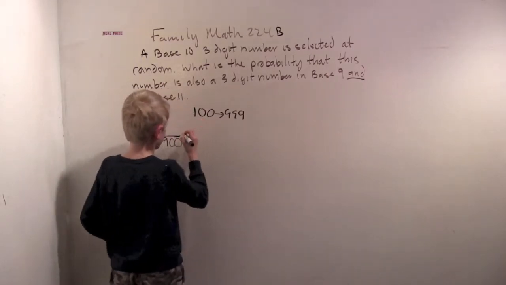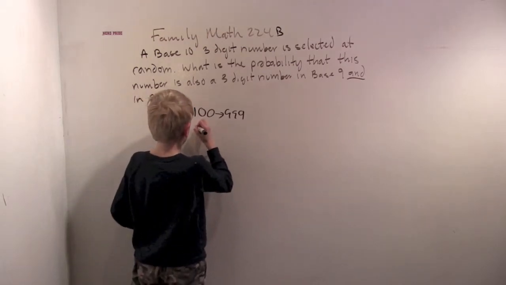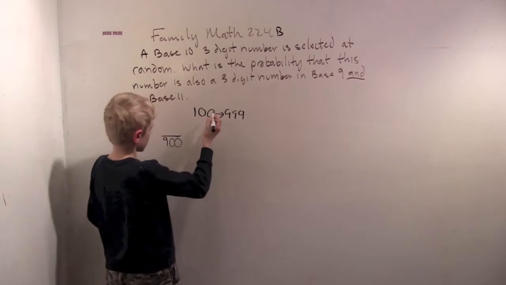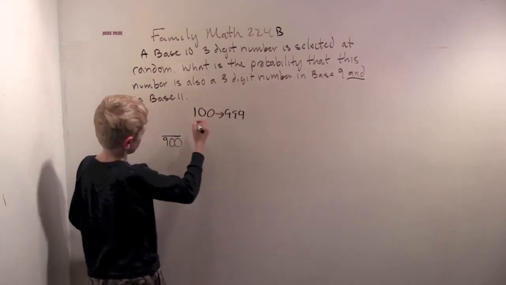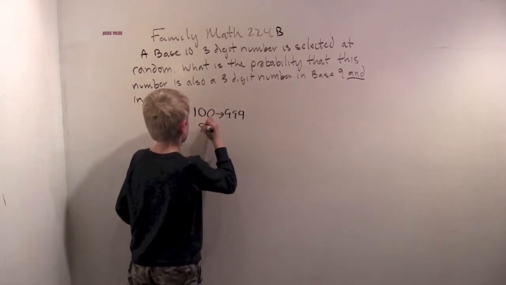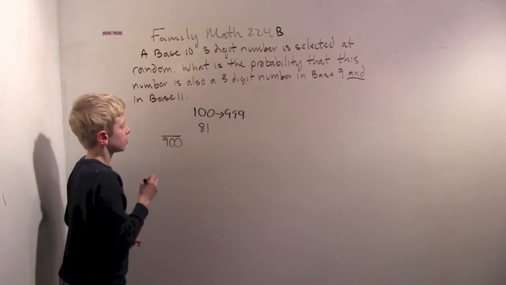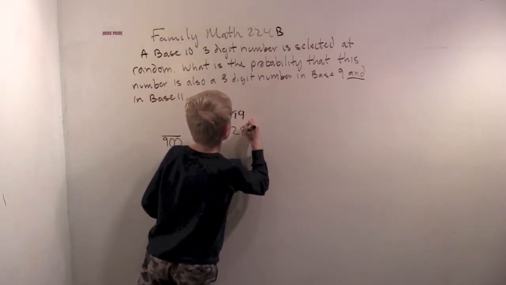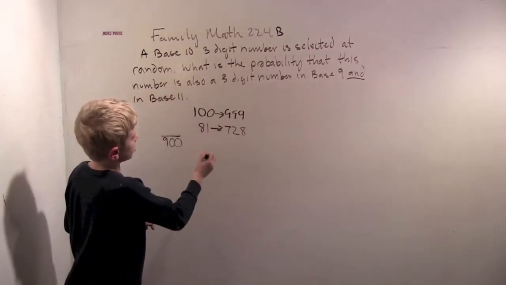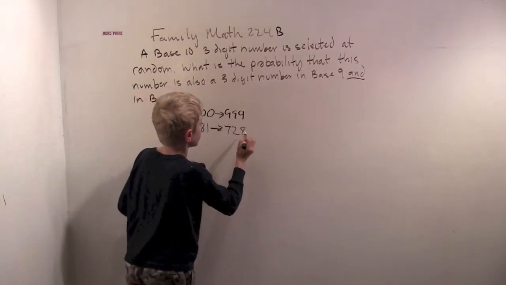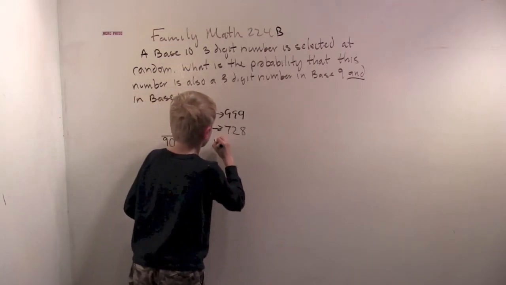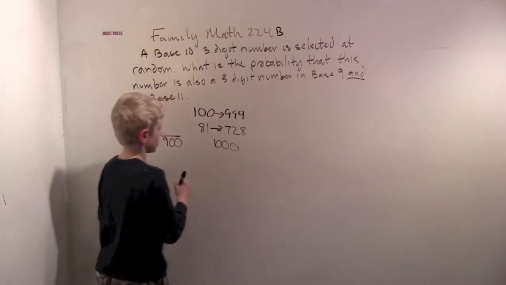Okay, that's cool. And then the base 9 three-digit integers, well, 100 in base 9 converted to base 10 is 81. And then they go to 728, because 729 in base 9 would be 1000.